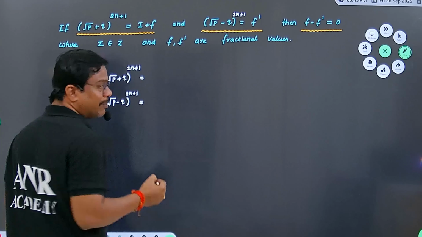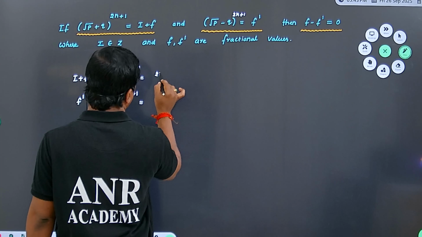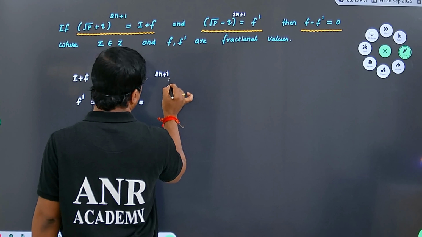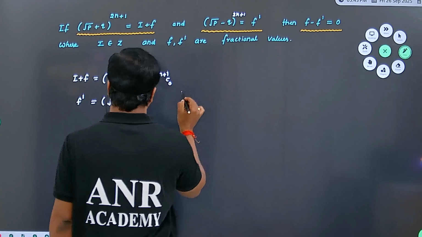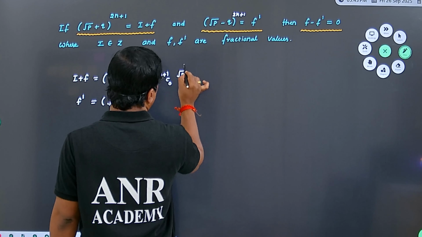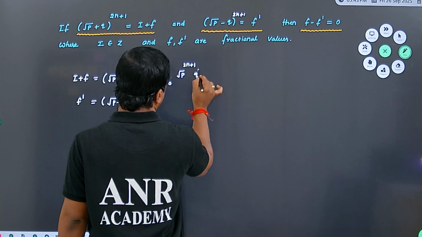With the help of binomial theorem I can expand this. This is 2n plus 1 c0 root p power 2n plus 1 and q power 0.